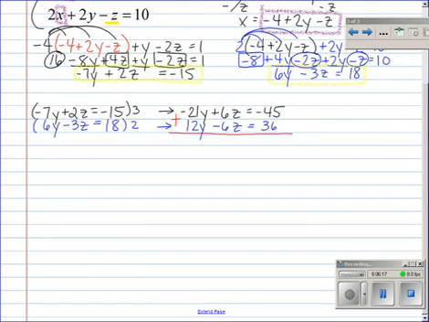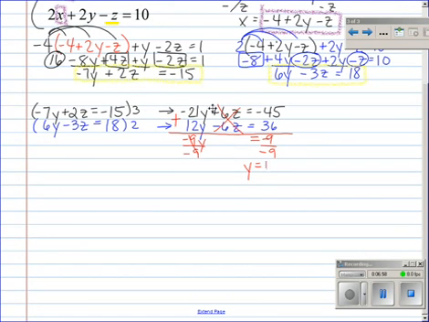Be careful, this is where a lot of you were making mistakes yesterday. Negative 21 plus 12 would be negative 9y. 6 plus negative 6 is 0, that cancels out. Negative 45 plus 36 would be negative 9. So now I would divide both sides by negative 9, and that leaves me with y equals 1.